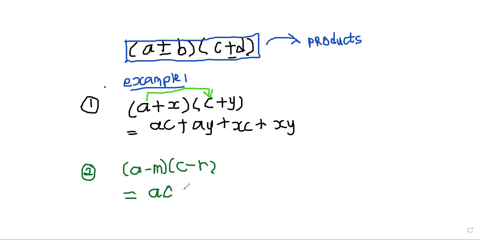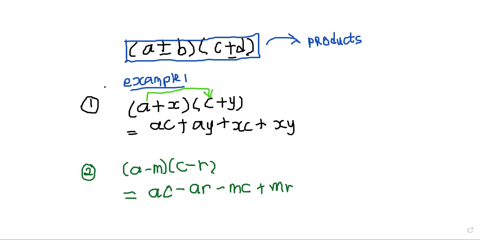Then a times minus r, that's minus ar. Then negative m times c, that's negative mc. As easy as that. Then you multiply negative times negative, and we all know that is going to be positive. So m times r is mr. That is your final answer.